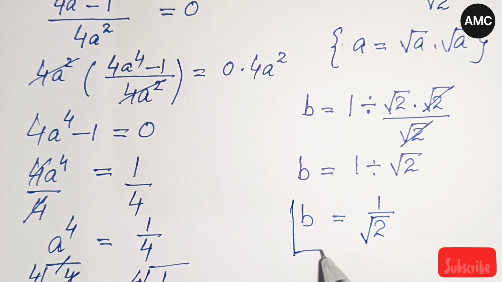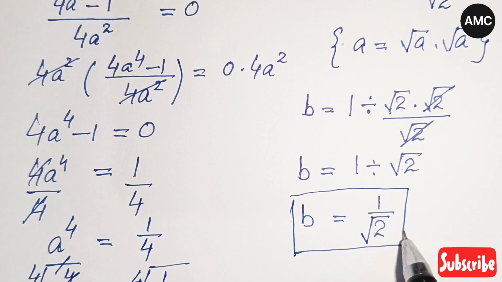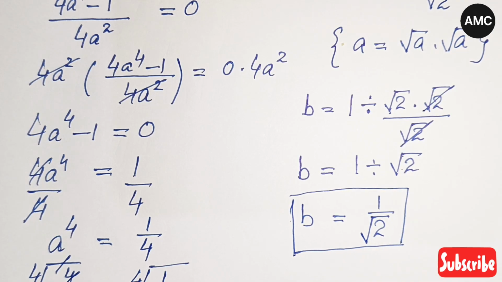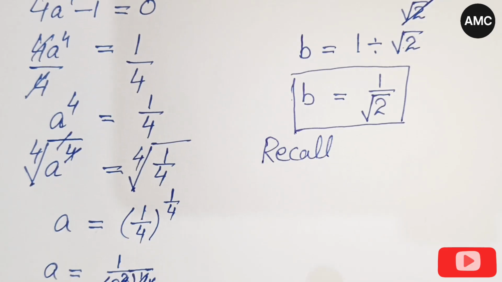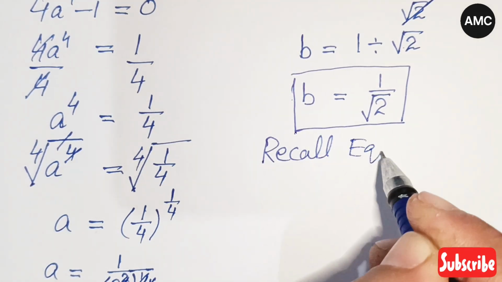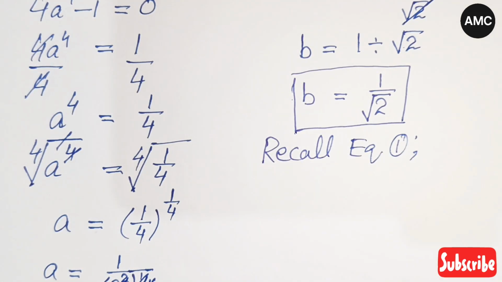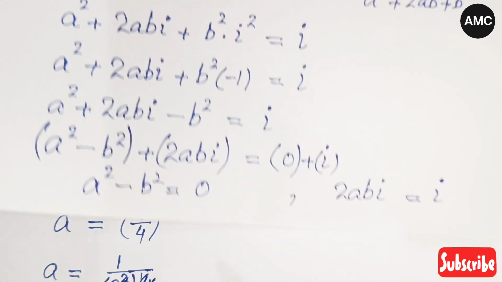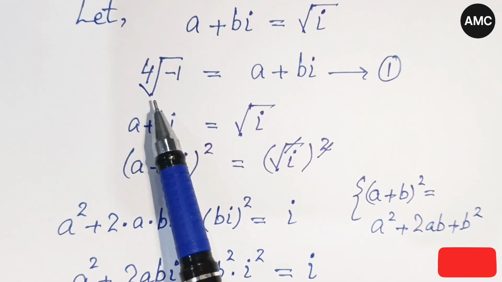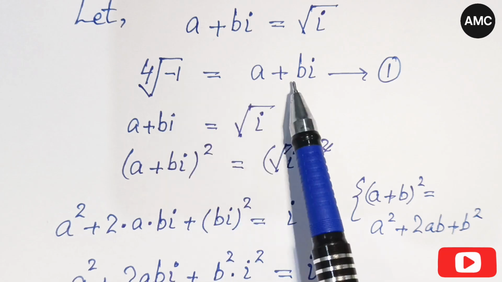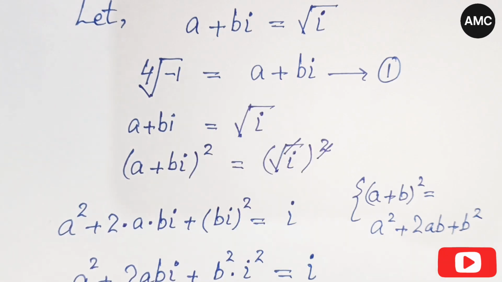Now we have the value of b and value of a. So recalling our equation number 1, our equation 1 is given by fourth root of minus 1 is equal to a plus b iota.